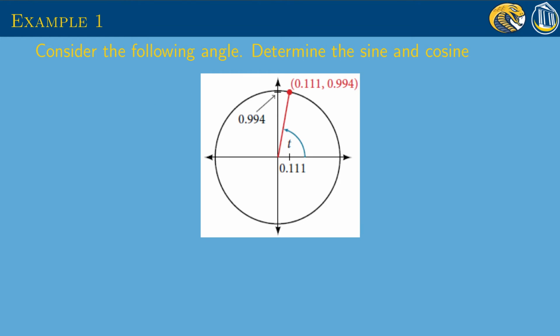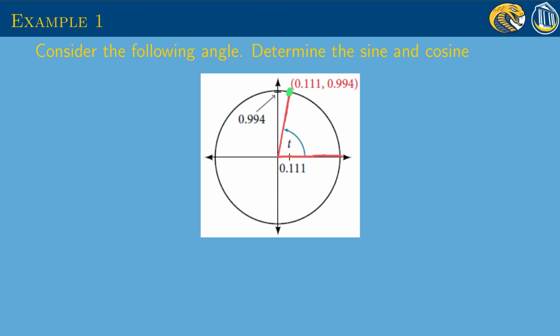For this angle here, once again, we're assuming that our initial ray is along the positive x-axis, and our terminal ray goes out along this red line. Since this is a unit circle, we know that the length of that line segment is 1, but what we care about is the coordinates of this point. They're labeled here as 0.111 for x and 0.994 for y.